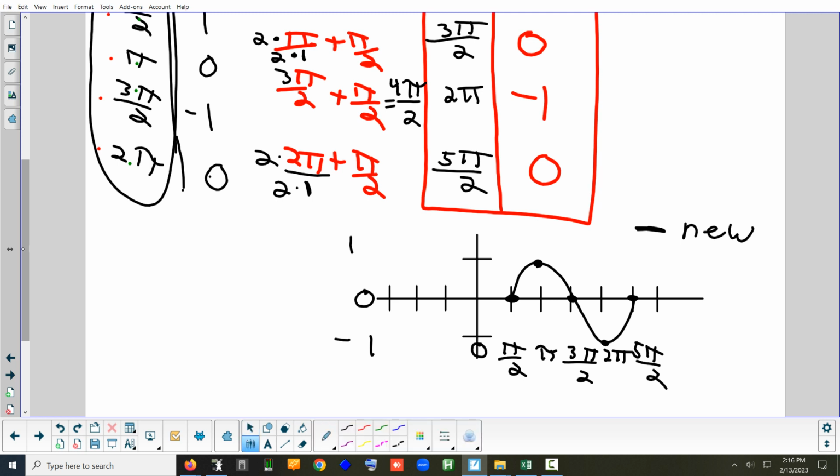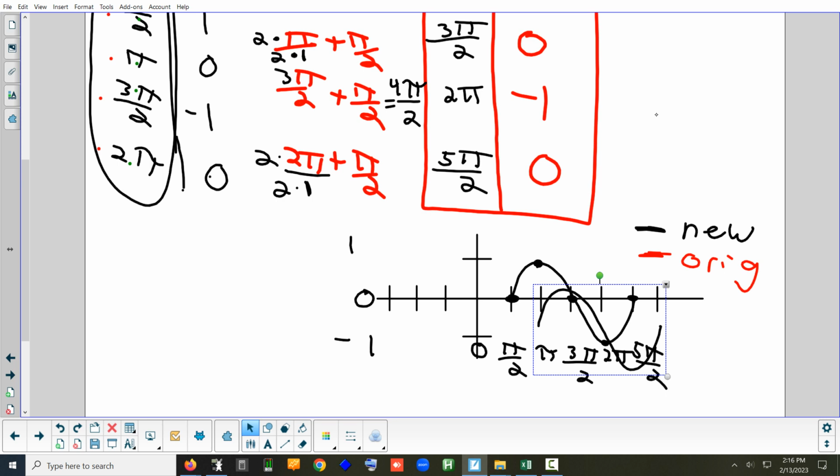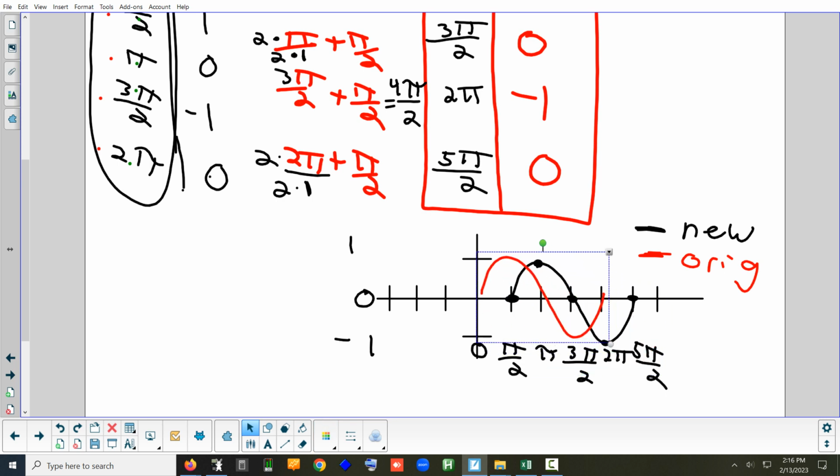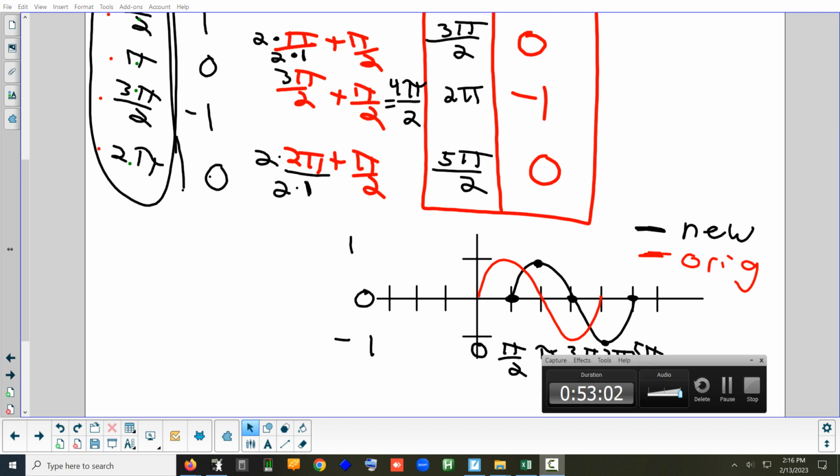That's the new graph. The original would have looked about like that. You don't have to draw both. I'm just showing you. The original is in red, and the black one was pushed to the right.